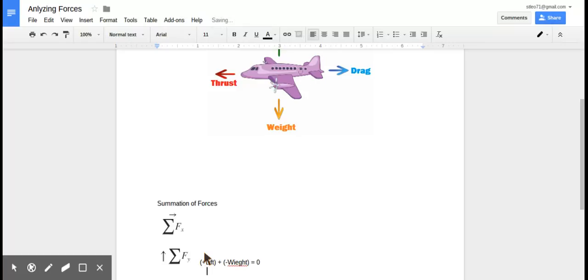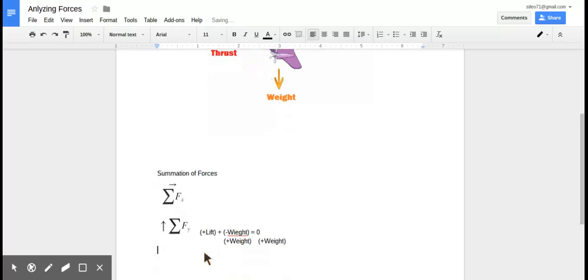To solve, what we do is add a positive weight to both sides of the equal sign. And what we get in return is that the lift, positive lift, must equal the weight.